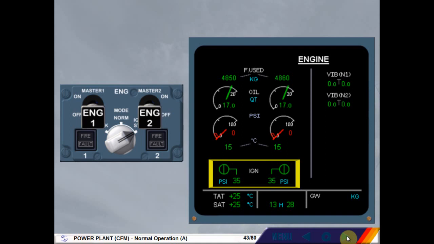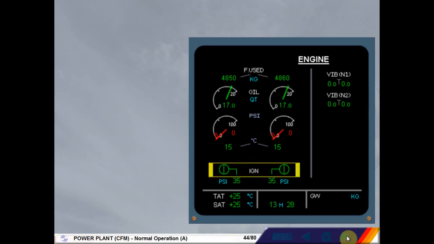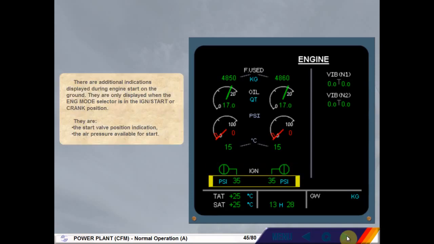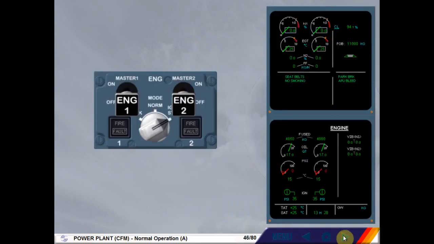They are only displayed when the engine mode selector is in the ignition start or crank position. They are the start valve position indication and the air pressure available for start. We will start the engines using the available APU bleed as indicated on the memo and the pressure indication at the bottom of the system display.